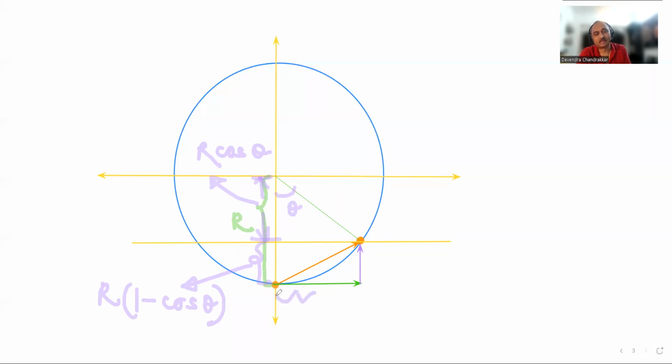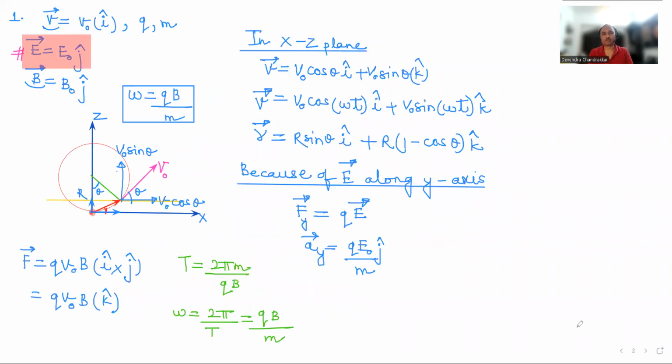Now what about this length? This is r sin theta, because this is r. ऐसे लिखना था इसको, ठीक है? That's why I wrote this r as r sin theta i cap plus r times 1 minus cos theta k cap.